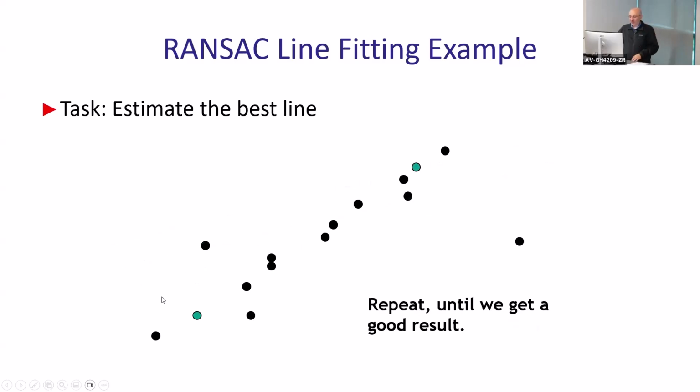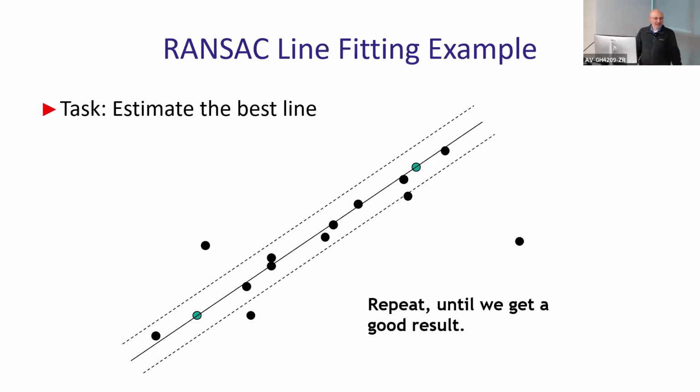Then you're picking another thing. Let's say you're picking these 2 points randomly. Right, so this is much closer to 2 inliers. So for these 2 inliers, you continue with the same width of the confidence interval. And here you have 1, 2, 3, 4, 5, 6, 7, 8, 9, 10, 11, which is a bigger number of inliers.